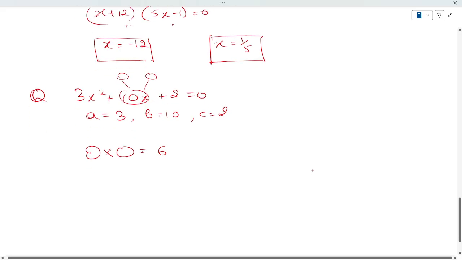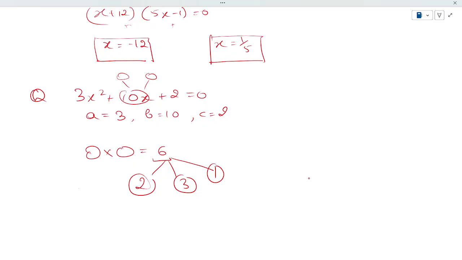So if you factorize this 6, we get 2 and 3 and 1. These are the factors of 6, right? So, by using these factors, can we form 10? If I look at the factors of 6, none of them give us 10, right?